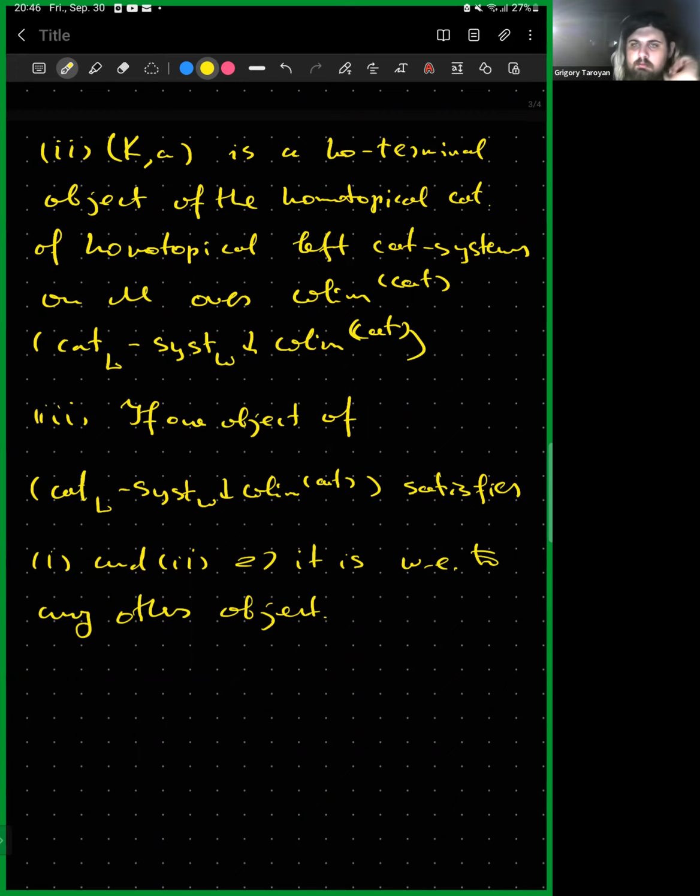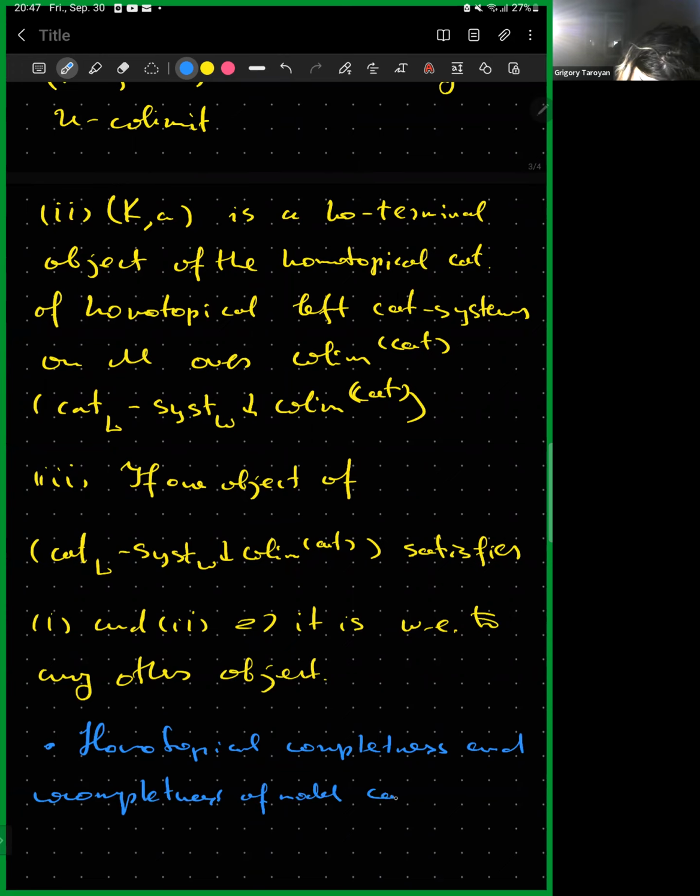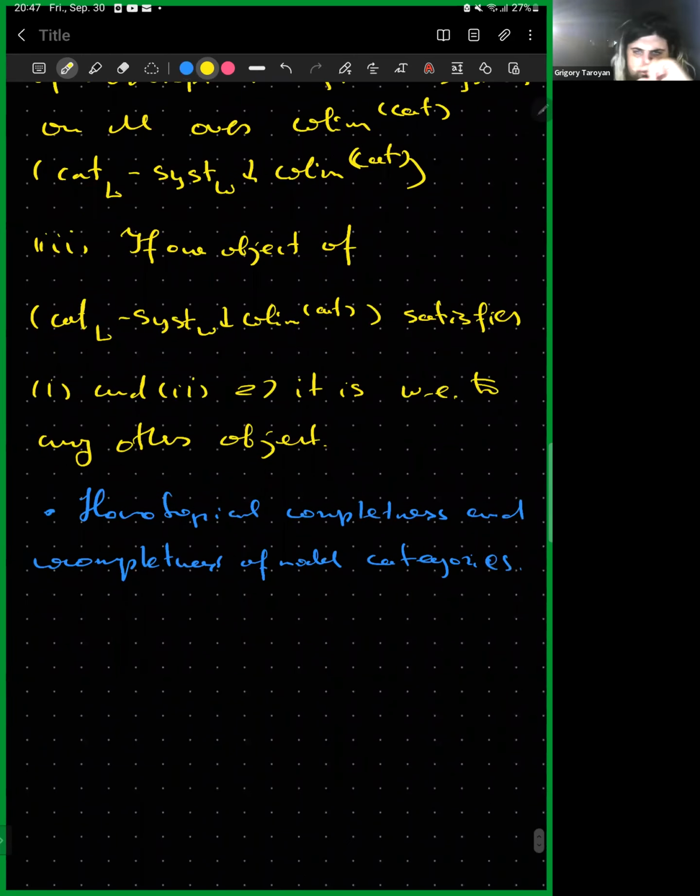Now we can turn to the promised homotopical cocompleteness and completeness of model categories. Okay, so let M be a model category.